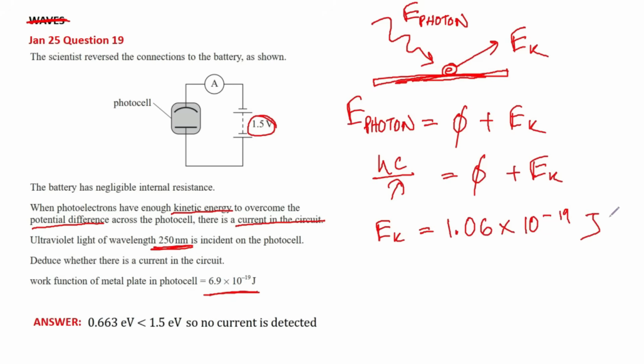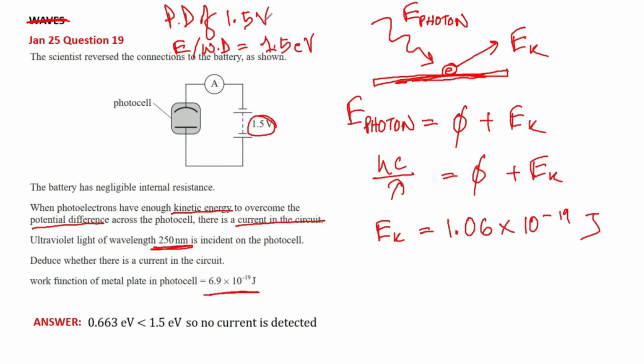Of course, this is in joule, but you have to convert this to electron volt to compare it with 1.5. So a PD of 1.5 volt would require you to do a work or energy of 1.5 eV. eV is a unit of energy, electron volt.